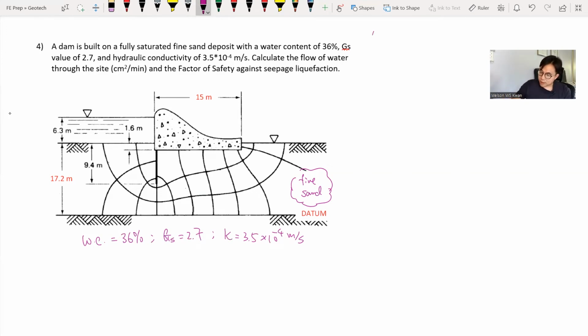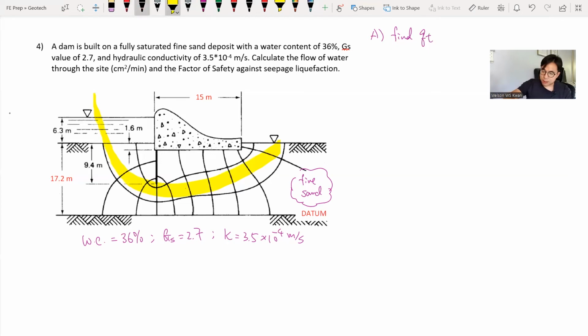First, we find the amount of flow rate through the sand deposit, given we have a geostructure, a dam sitting on top of it. So we want to solve for the flow rate from the upstream to the downstream.